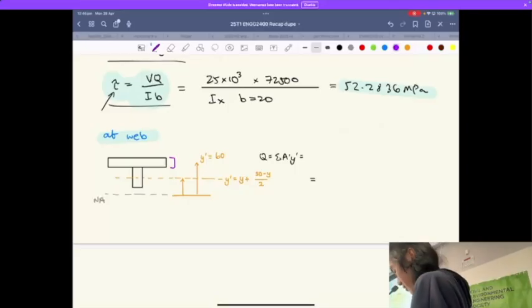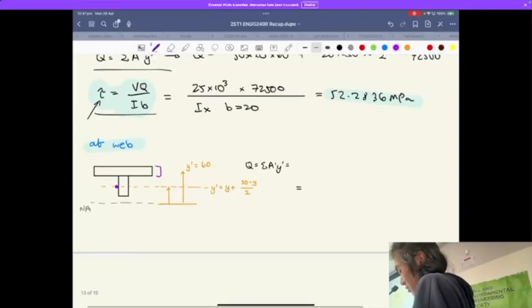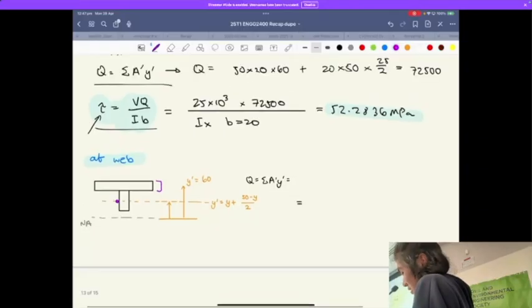If this is your neutral axis and you're moving your y, then this will be the distance of half the web, and that will become your new y. So when you're calculating the first moment of area, you need to come up with something in terms of y, because your shear stress will change with how y is changing.